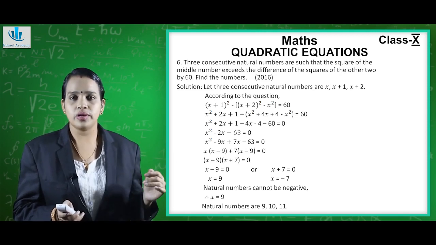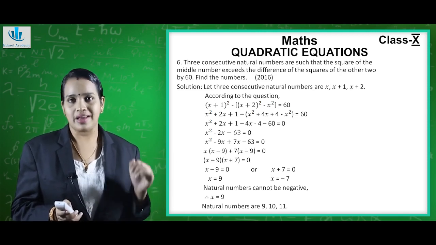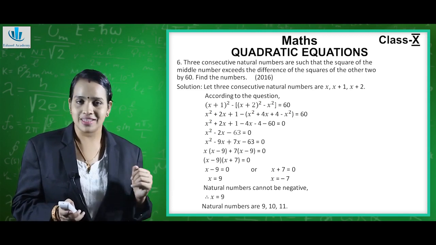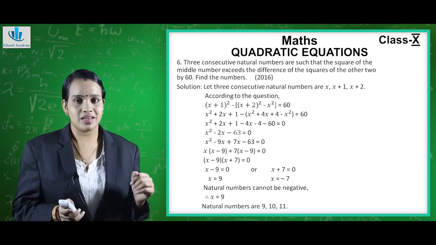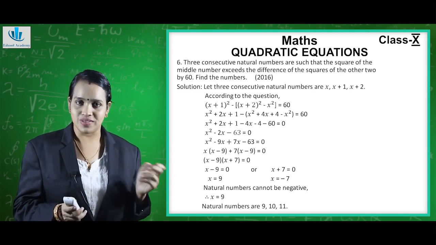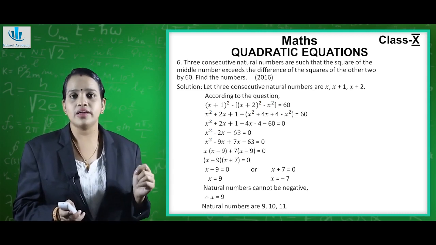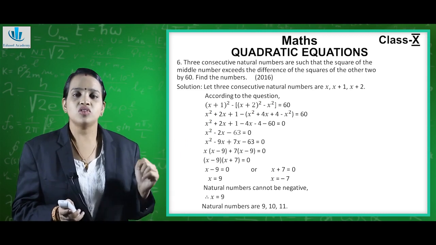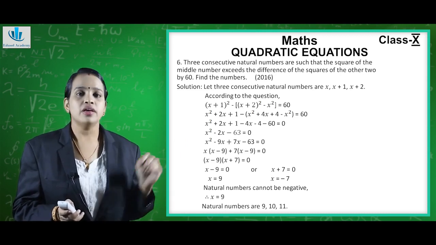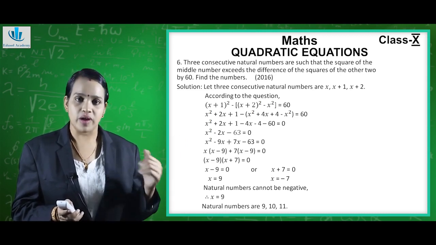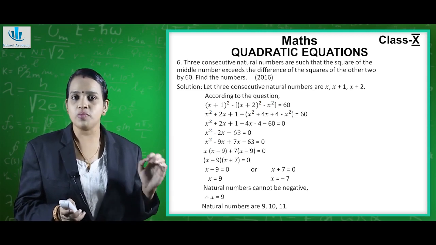Now again we can put it in brackets, so it becomes x minus 9 into x plus 7, which is equal to 0. So we can say that x minus 9 is equal to 0 or x plus 7 is equal to 0. Now our minus 9 becomes plus 9, so our value of x is equal to 9. Here our plus 7 becomes minus 7, so x is equal to minus 7.